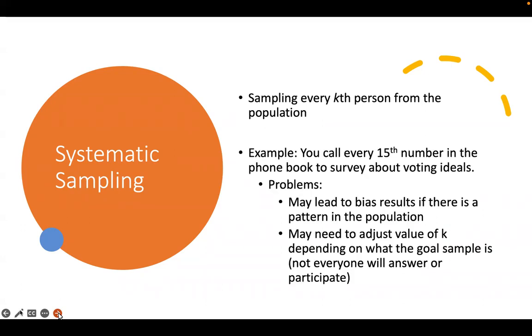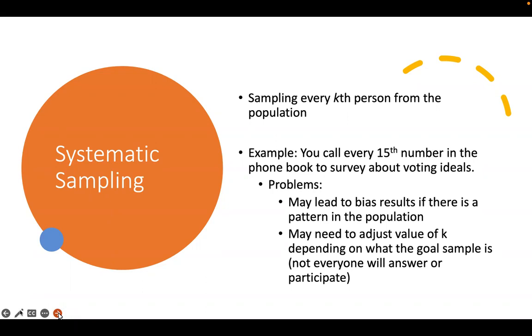So for example, you call every 15th number in the phone book to survey about voting ideals, right? So every 15th. Now, the problem is this could lead to bias if there's a pattern in the population that you don't know about ahead of time. If you're talking to every 15th person, maybe every 15th person is named Sam and they all have the same feelings. I mean, you don't know. But you really don't know what kind of representation you are getting with this.